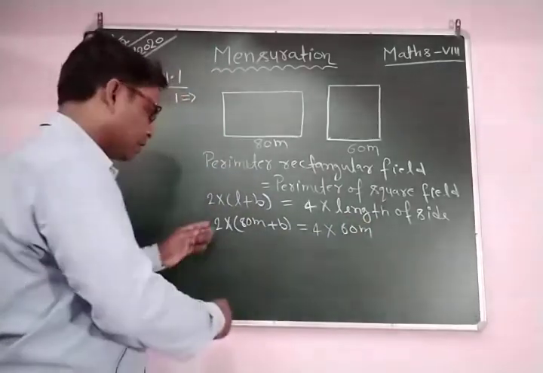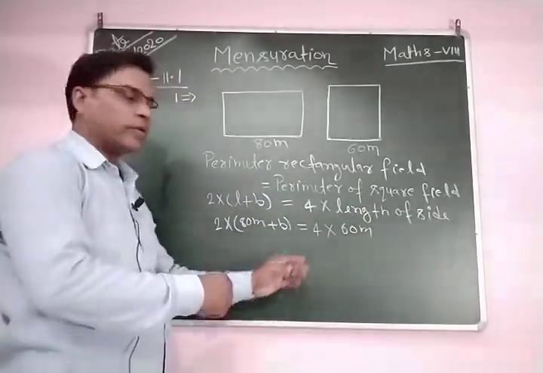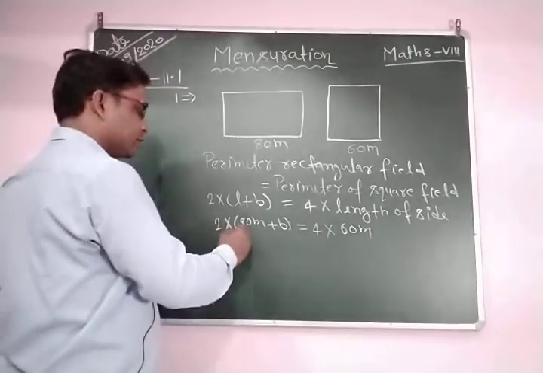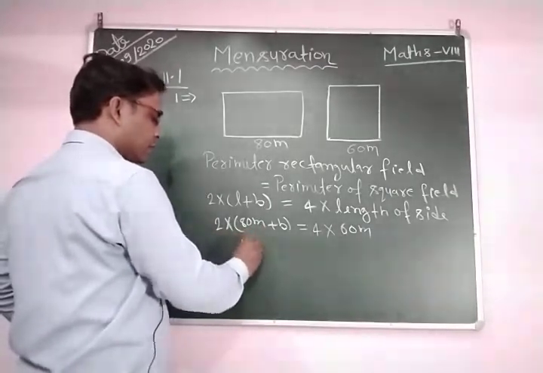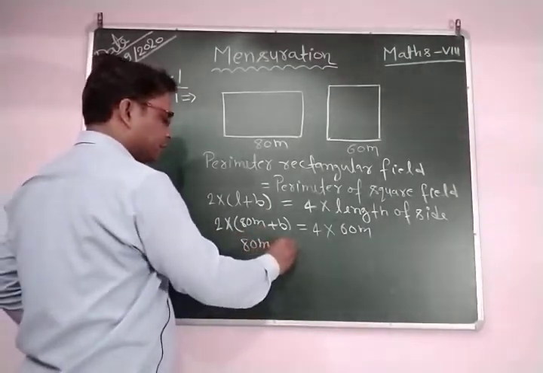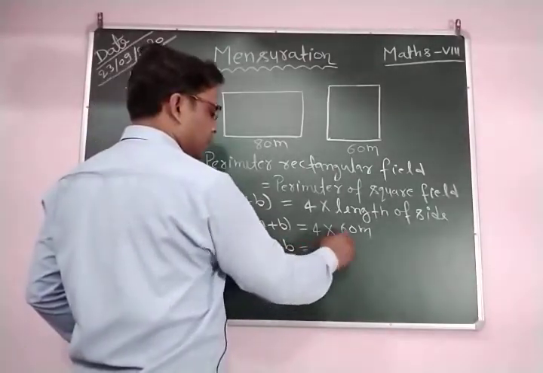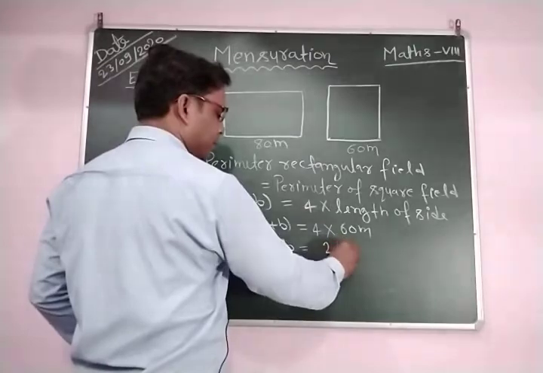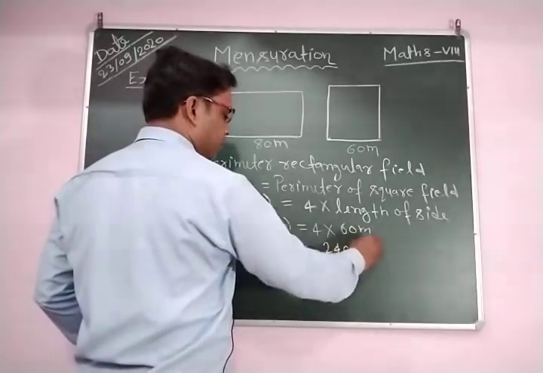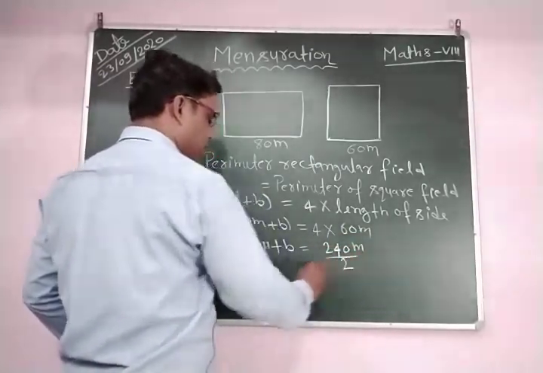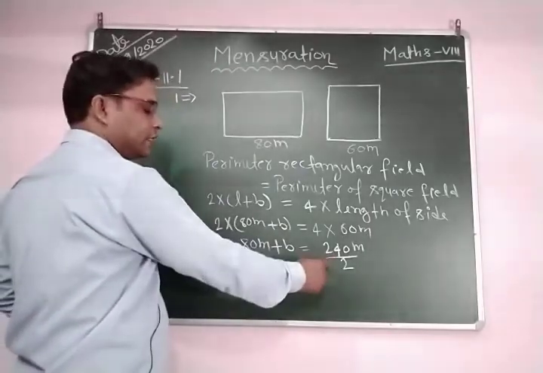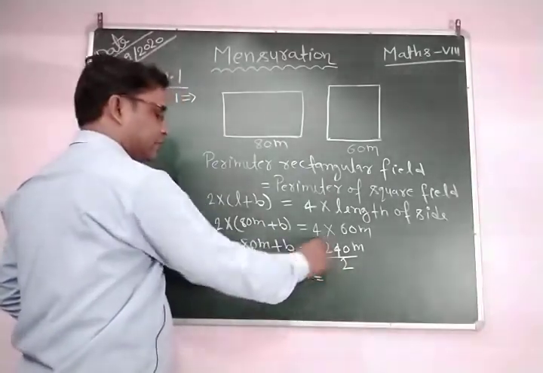Clear? Now if we transpose the 2 to the right-hand side, then we obtain 80 meters plus the breadth of the rectangular field equal to 240 by 2. If you divide it, you obtain 120 meters.